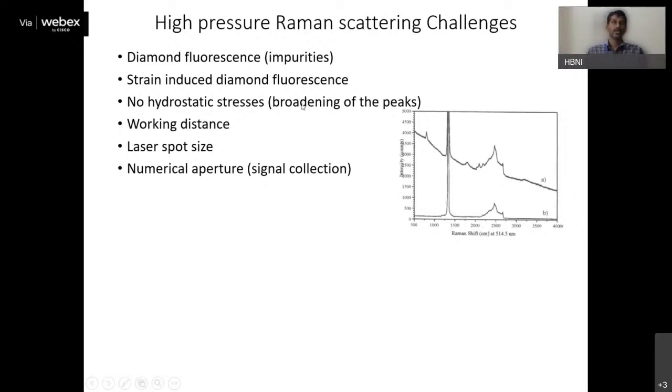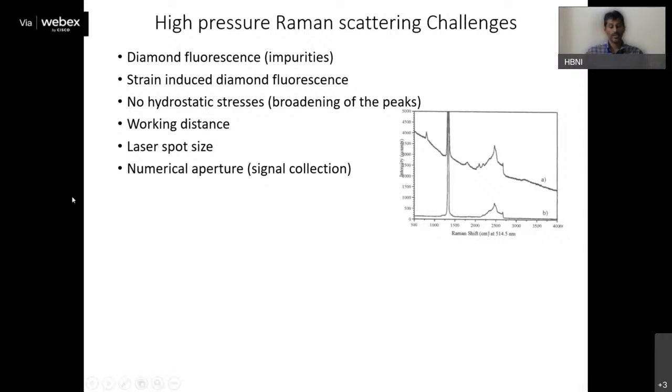So one needs to design a system so that it can reject the fluorescence from nearby areas. One needs to use a very small spot size for the excitation, and also a confocal arrangement so that the fluorescence signal coming from around the sample, like the diamond anvil cell itself or the surrounding area of the sample, can be rejected. So this is one important thing.